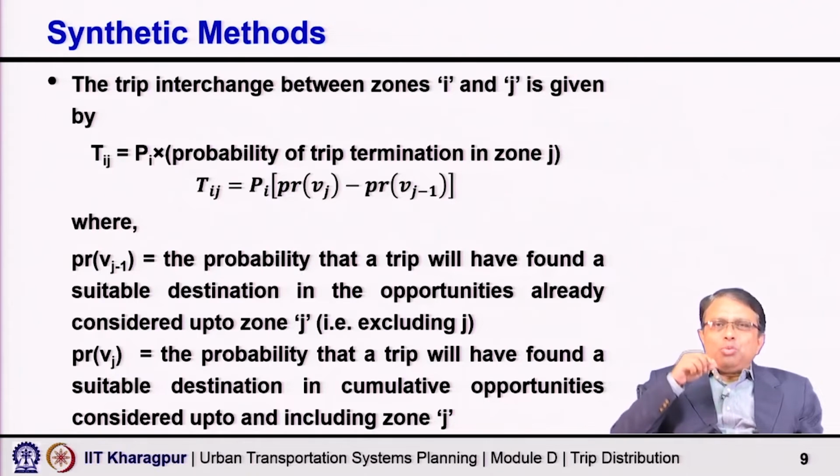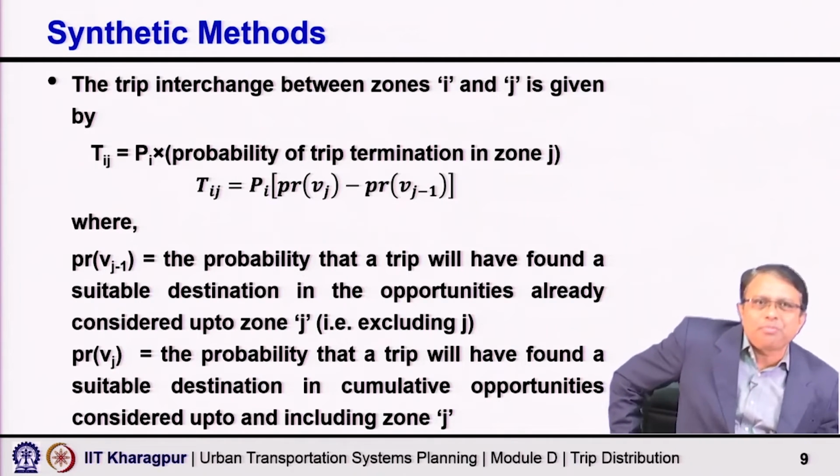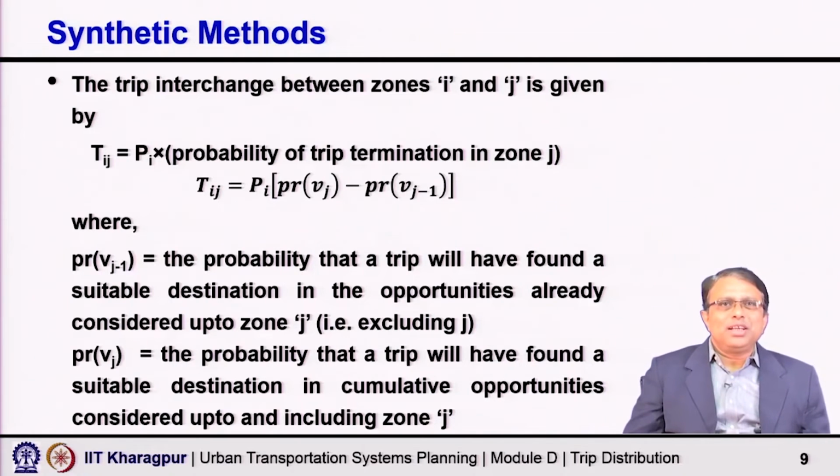That means, we have 1, 2, 3, 4 like that, we are talking about the jth zone in order of distance or time. So, probability of V j minus 1 means the probability that a trip will have found a suitable destination in the opportunities already considered up to zone j, but not including zone j. It is actually excluding zone j.